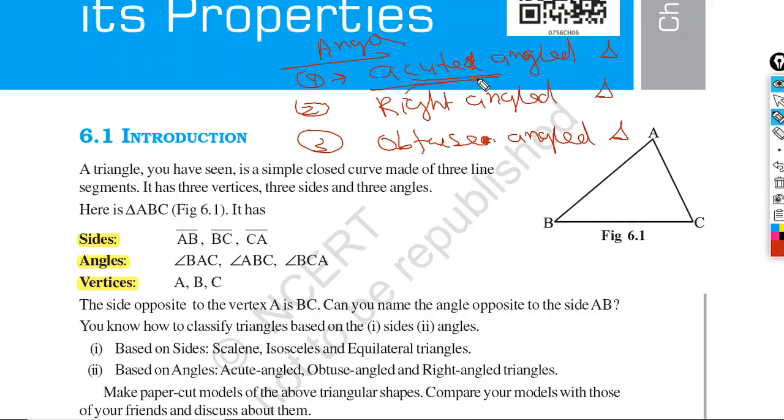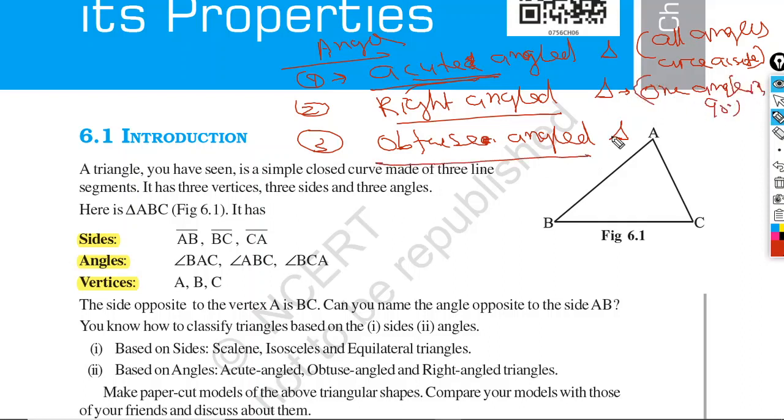An acute angle triangle is a triangle in which all the angles are less than 90 degrees, or all angles are acute. Then right angle triangle, what is it? One angle is 90 degrees.